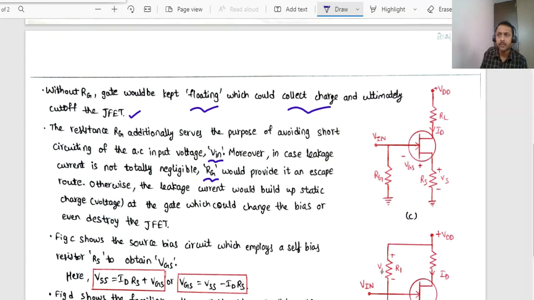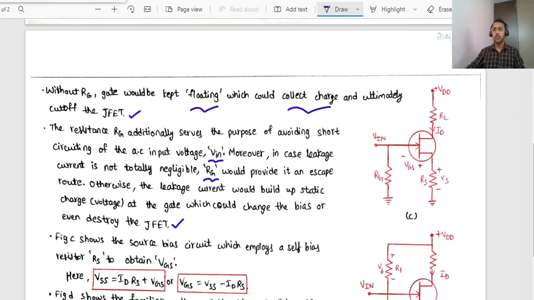Otherwise, if there is no path for it to escape, it will build up some static charge or voltage at the gate, which will change the bias or even destroy the JFET.